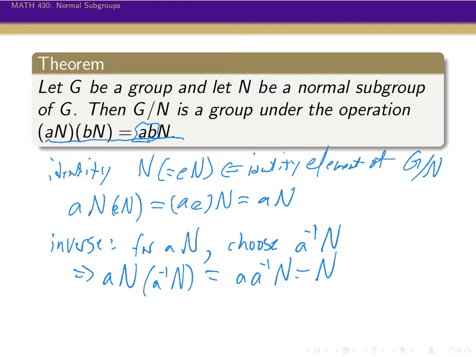What's really going on here? What am I really talking about when I have aN times a inverse N?